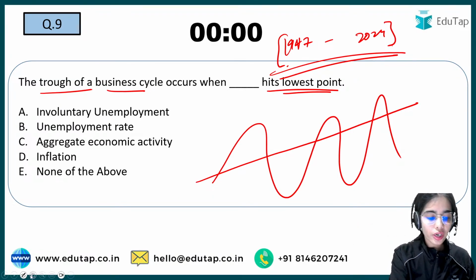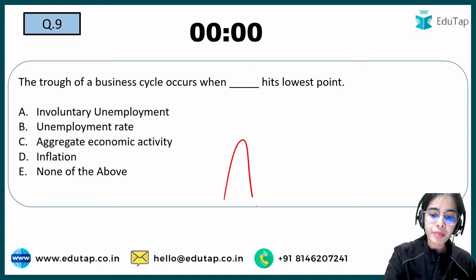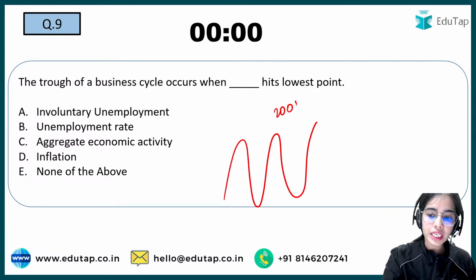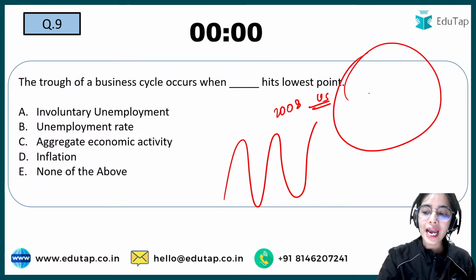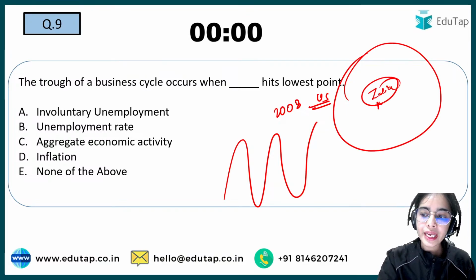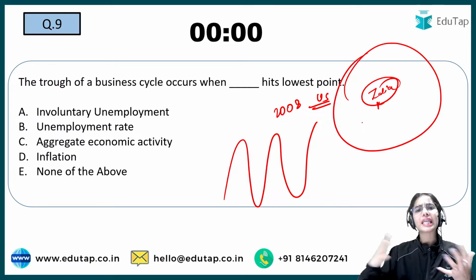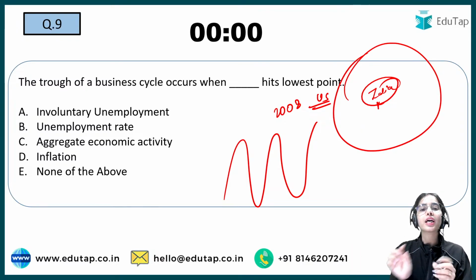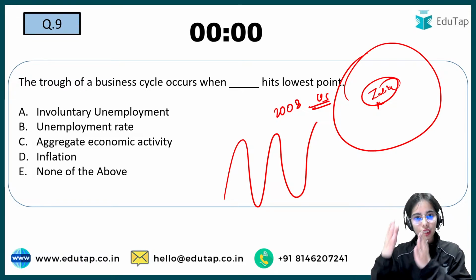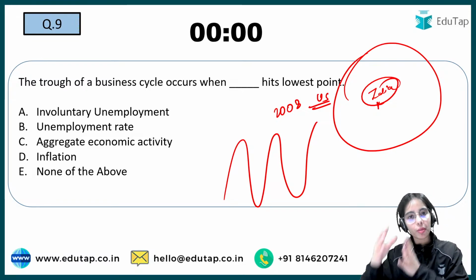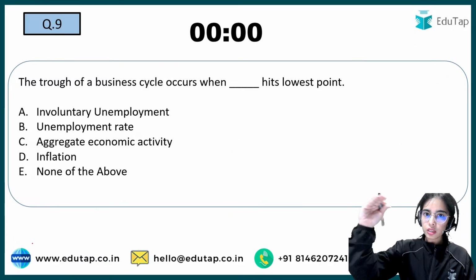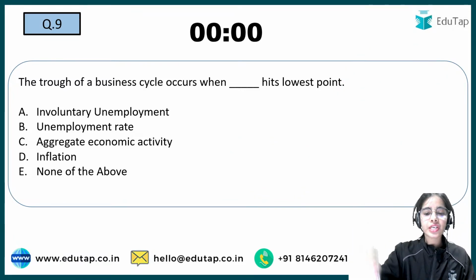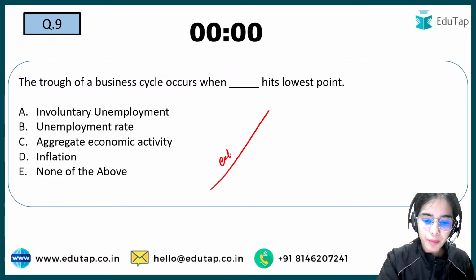But in the short run, we have seen many ups and downs. In 2008, the crisis came in the US that spread to the rest of the world, and India was also hit by that crisis, not to a great extent, but it affected India to a certain extent. During the COVID situation, the GDP was going down, the economic activities were going down. So we have the good points where we are growing extremely, where the expansion is happening.